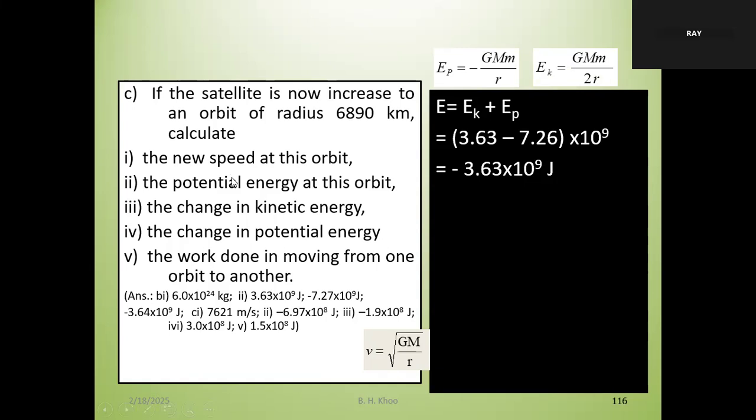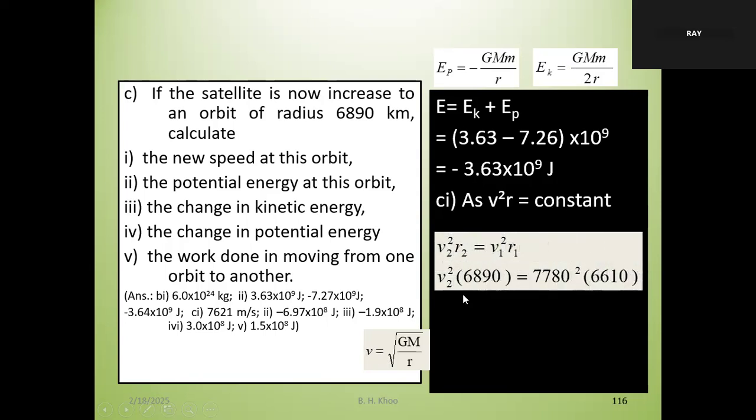Next, if the satellite is now moved to an orbit of radius 6890 kilometers, calculate the new speed in its orbit. Use this formula again. We don't want to calculate G and M; since V squared times R is a constant, use proportion.